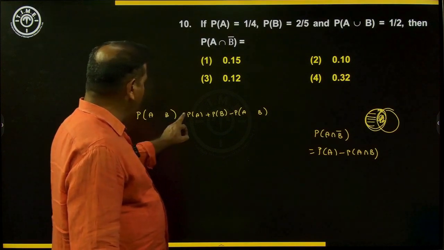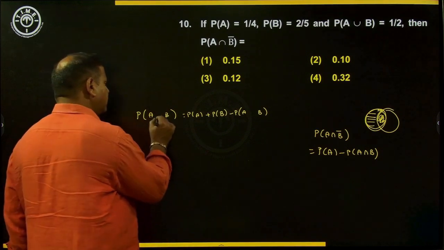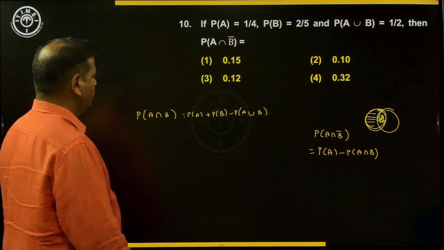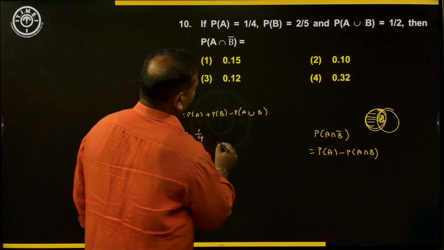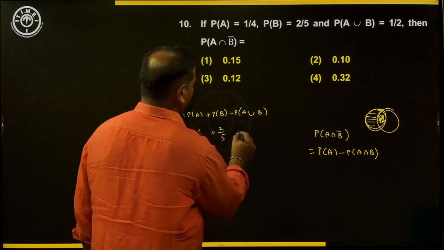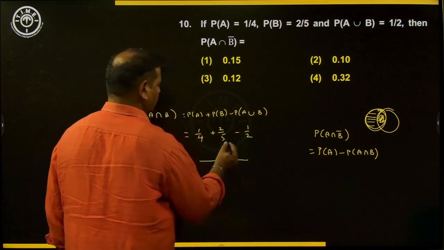If you take the intersection, you have to take the union; that is the only change. P of A is 1 by 4, P of B is 2 by 5, P of A union B is 1 by 2. Just simplify this.